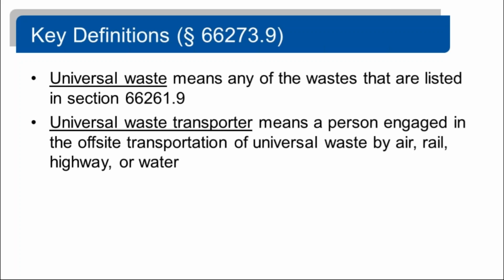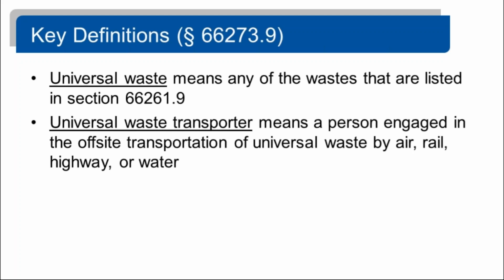Universal waste is any of the wastes that are listed in section 66261.9 of Title 22. So when you see reference to 66261, we are referencing Title 22 regulations. So they have a list of universal waste, and we'll cover those here shortly. And a universal waste transporter means any person engaged in the off-site transportation of a universal waste by air, rail, highway, or water.